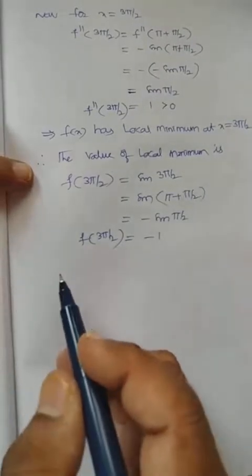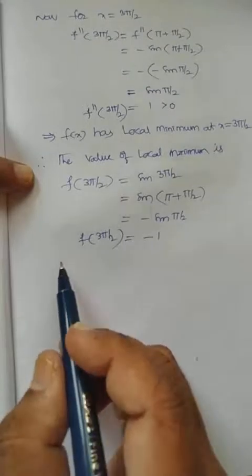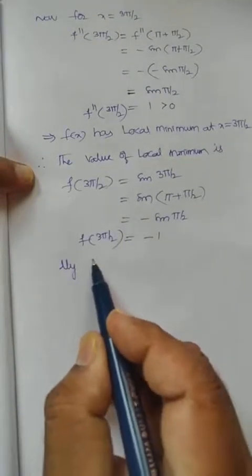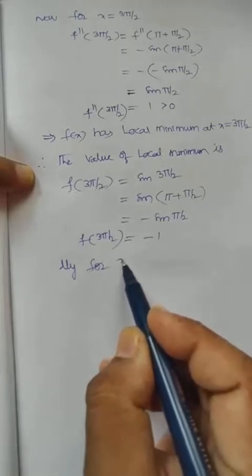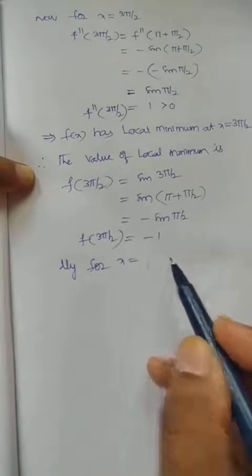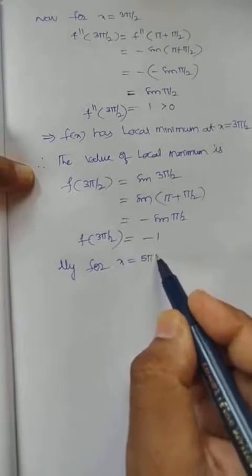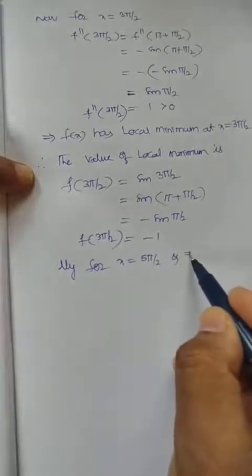Similarly, we have to check the remaining stationary values of x, for x equals 5 pi by 2 and 7 pi by 2.